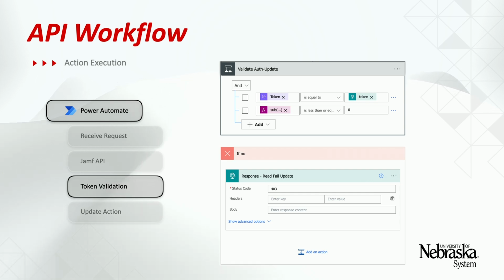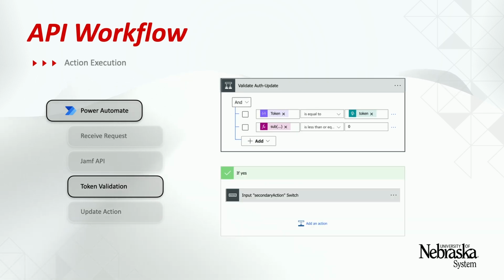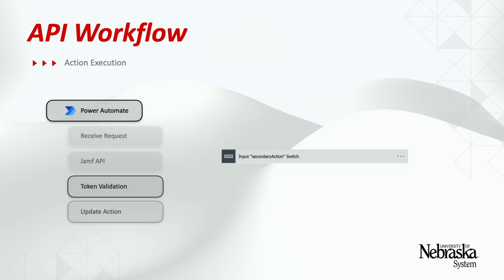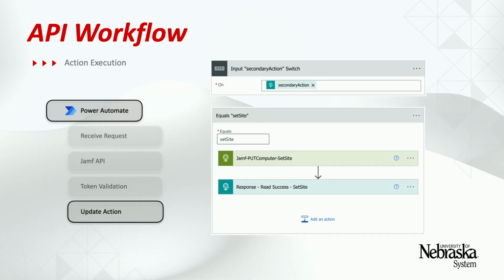But if it succeeds, if that token was matching and the timestamp is good, we go to our secondary action. Secondary action was what we supplied in that original command as well. The update action had a secondary action of set site. So we're choosing that because that was the workflow we're doing. We also have one for set risk level. So we can do some different actions in the same flow based off of what was supplied there.